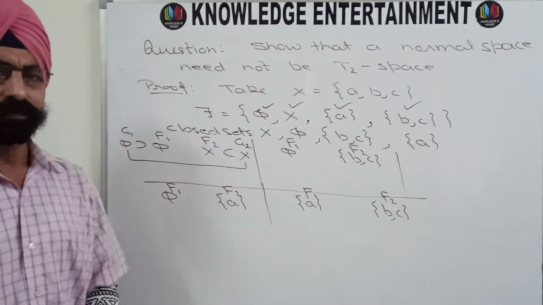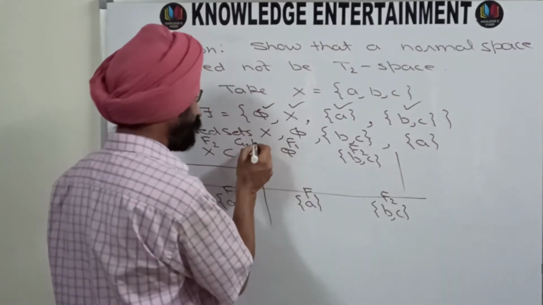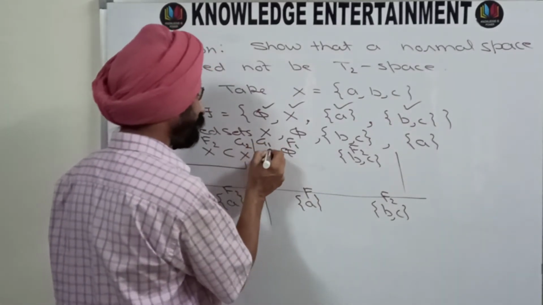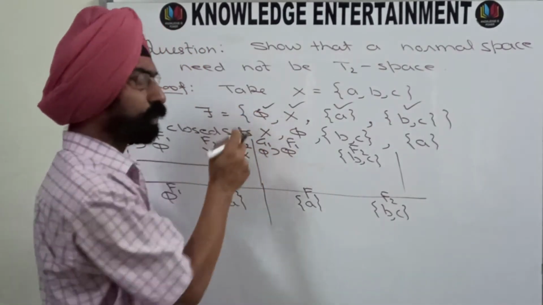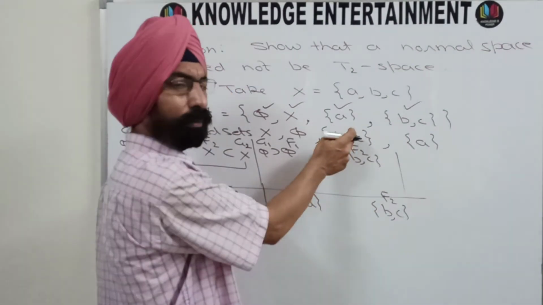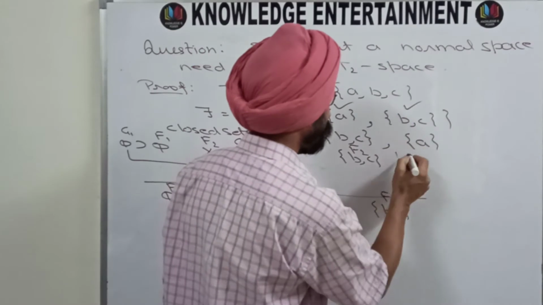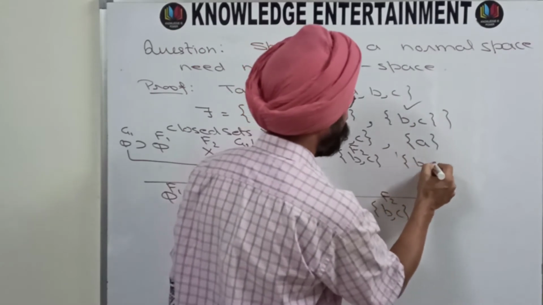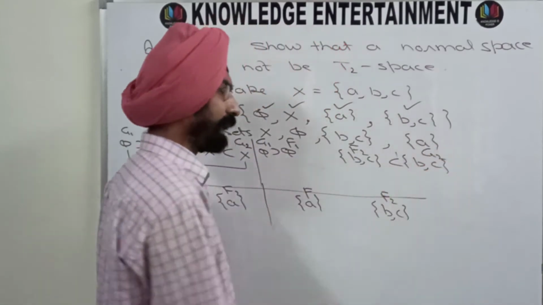In the second case, once again, you can take the same F1 as your G1, phi, because phi is contained in phi, and phi is an open set also. And this BC, which you have considered as a closed set from here, you can take as an open set from here. So the set BC you can take as your G2 because your F2 is contained in G2.